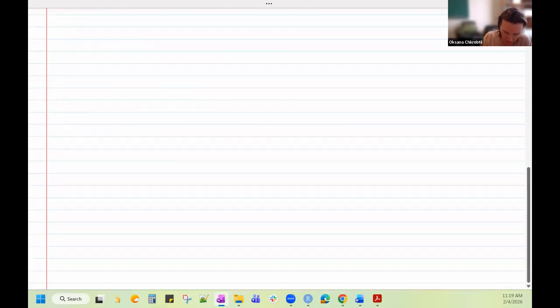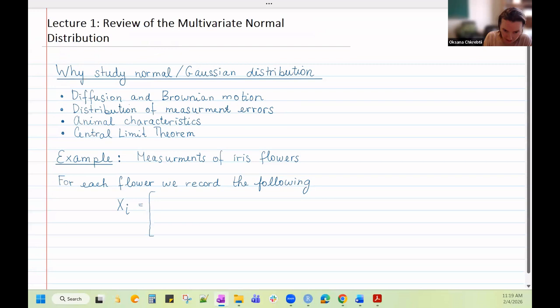And for each individual, we're going to record what I'm going to call x_i SL, which is the sepal length. So that's the length of one part of the iris flower. The second variable will be the sepal width, SW.